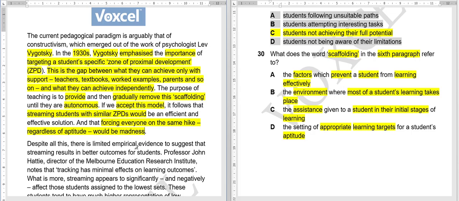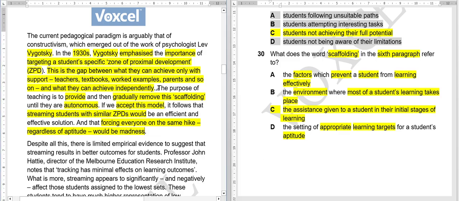Okay, time's up, and the answer to this particular question is yes, C. The assistance given to a student in their initial stages of learning. So where is it written? Yes, here.